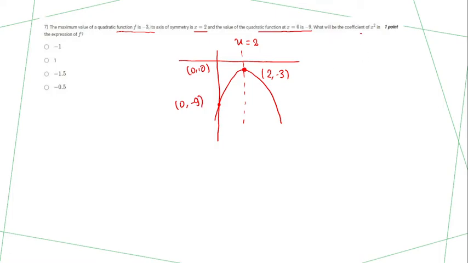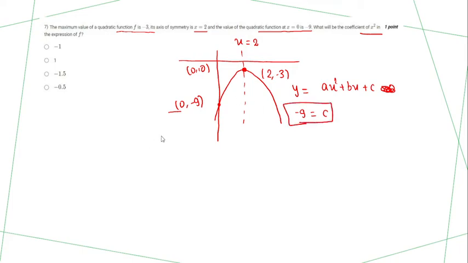We have to find the coefficient of x square. Let us suppose this quadratic function is y equal to ax square plus bx plus c. First of all, substitute x equal to 0 in this quadratic equation, so it will give -9 as the value of c.